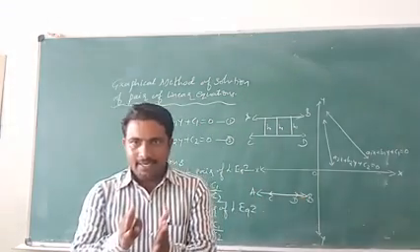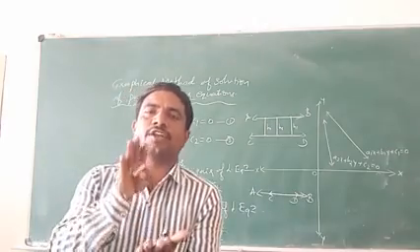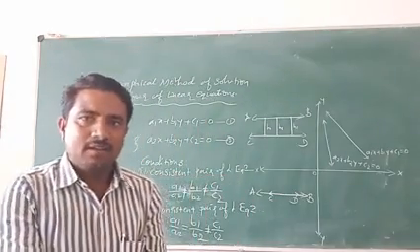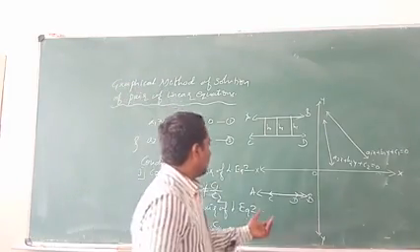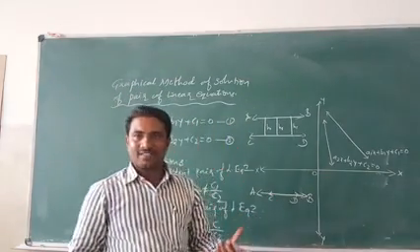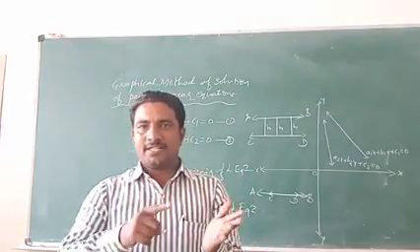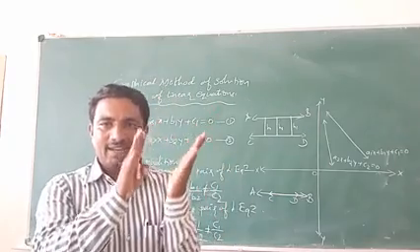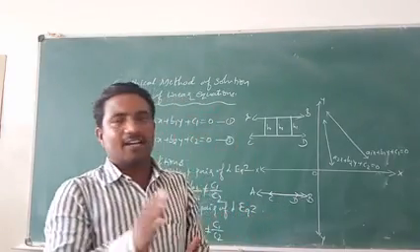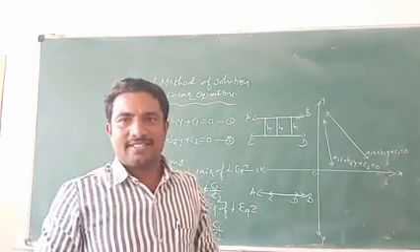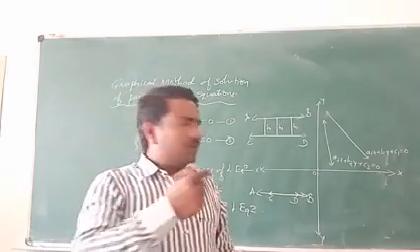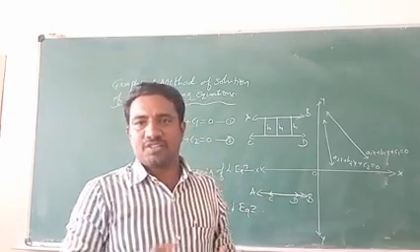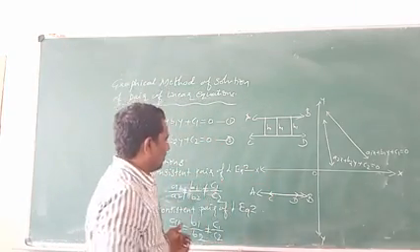That CD is overlapping on the AB line. It means that AB and CD lines are merging one on the other. This type of lines are called coincident lines. These are the natures of graphs, the nature of lines.